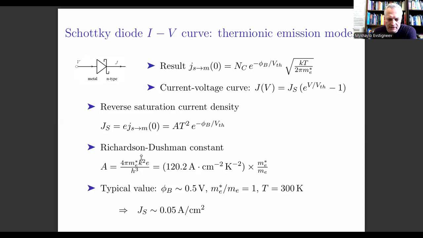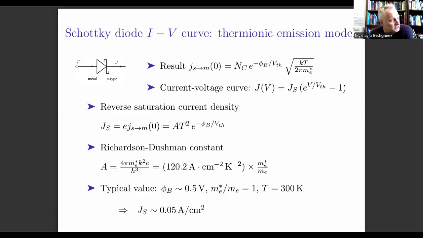Because we had to use the density of states effective mass here, we can change this to the free electron mass, but then we need to multiply by this ratio, effective mass over free electron mass. Now, the typical value of the Schottky barrier is of the order of half an electron volt, give or take a few tenths of an electron volt.